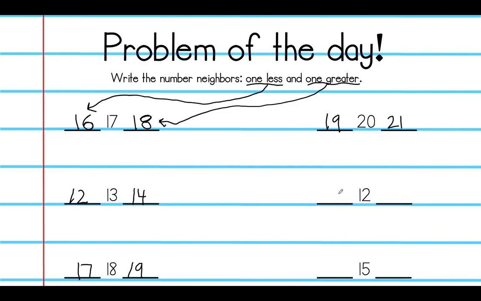Then down here, the number that's 1 less than 12, 11. 1 greater than 12, 13. Down here, the number's 15, 1 less is 14. 1 greater is 16.